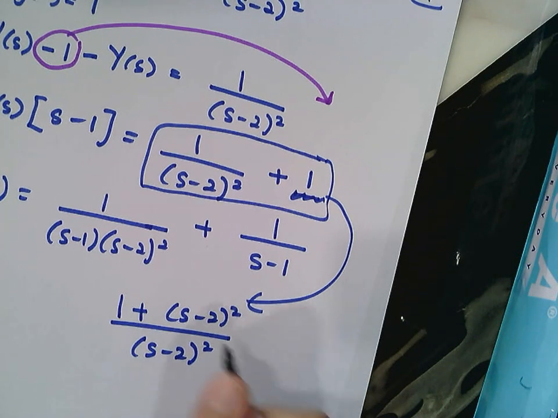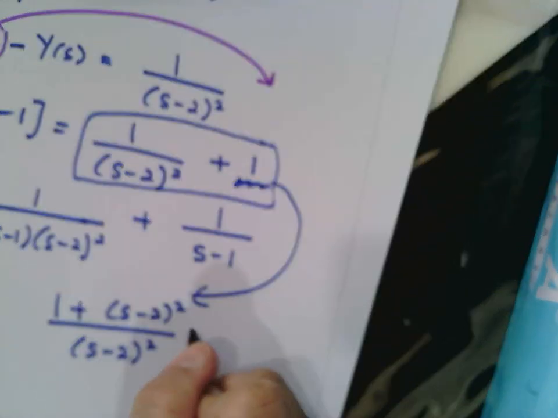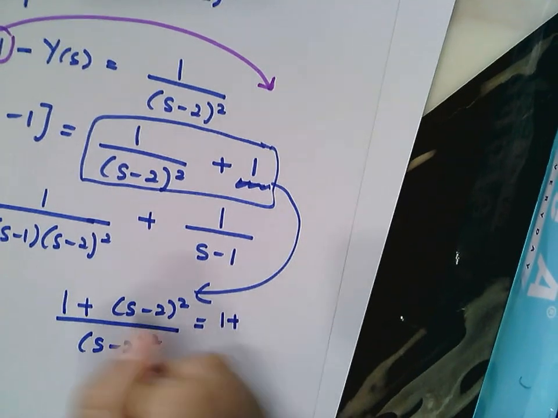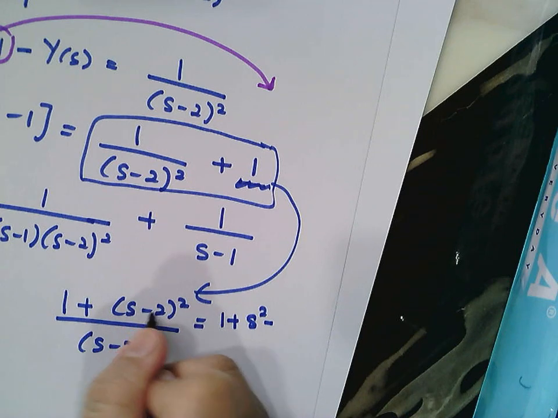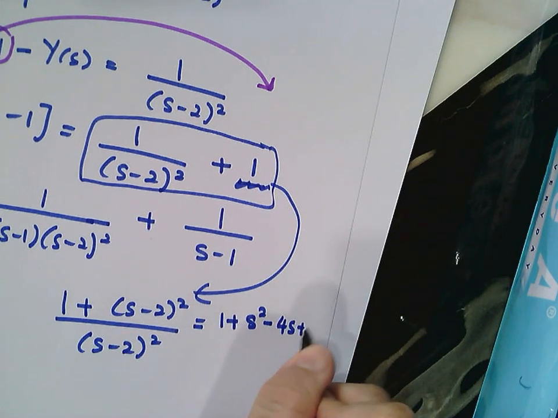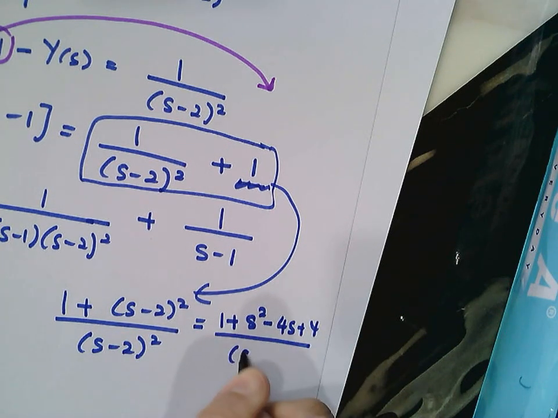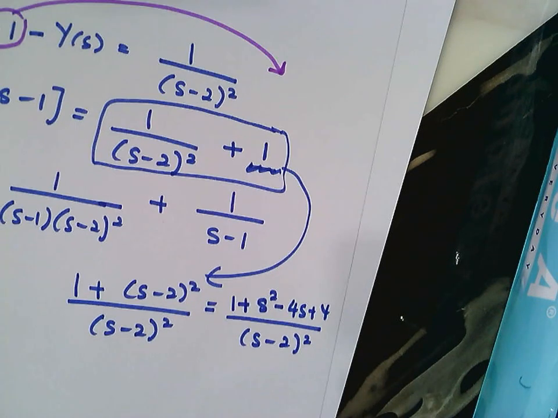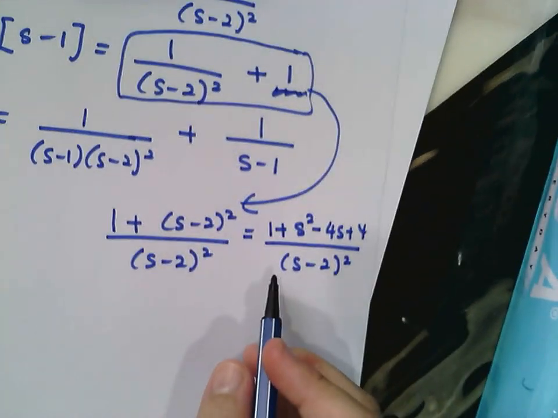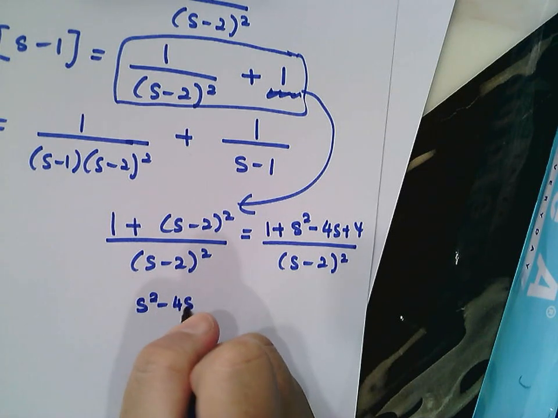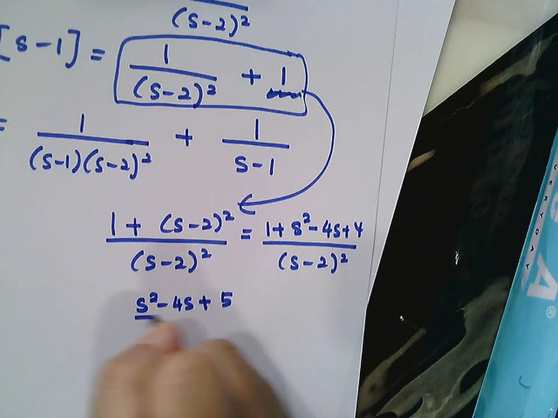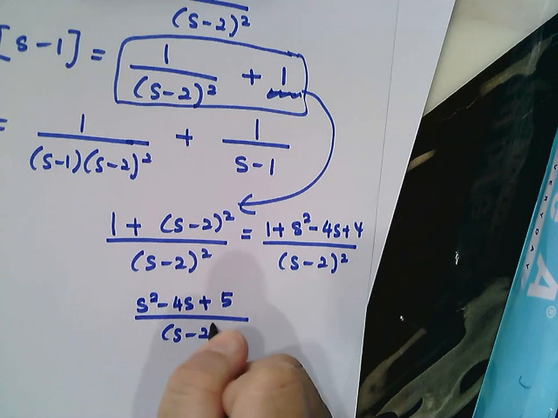Okay, so this will become 1 plus, so expand this one, s squared minus 4s plus 4 over (s minus 2) squared. So simplifying this will give you (s squared minus 4s plus 5) over (s minus 2) squared.